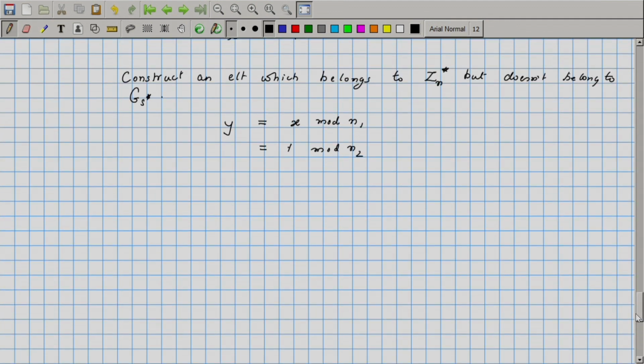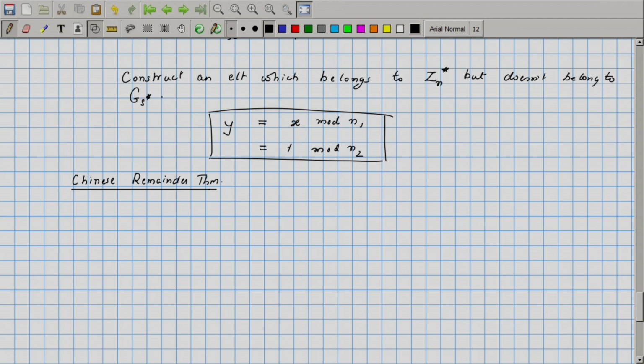Is it always possible to find a solution to these kinds of equations? It is possible, that is what is known as the Chinese remainder theorem. Let us see an example.